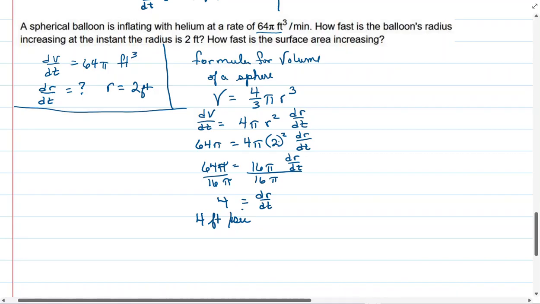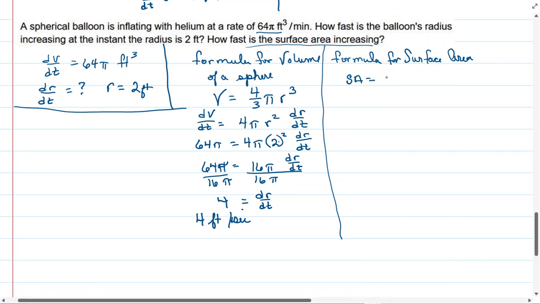All right. How fast is the surface area increasing? I think it's 4 pi r squared.